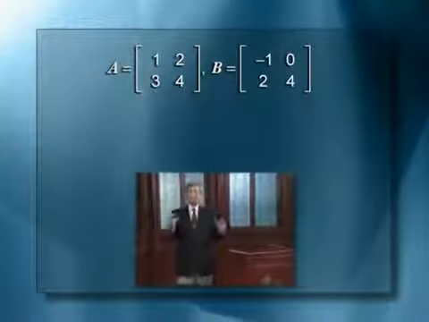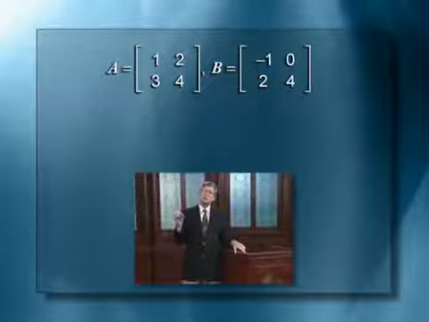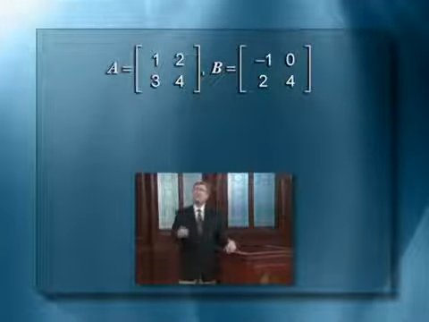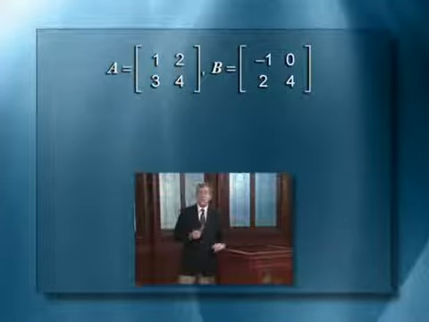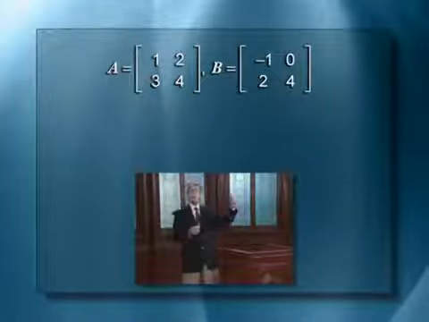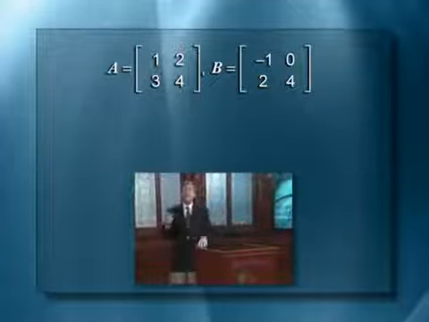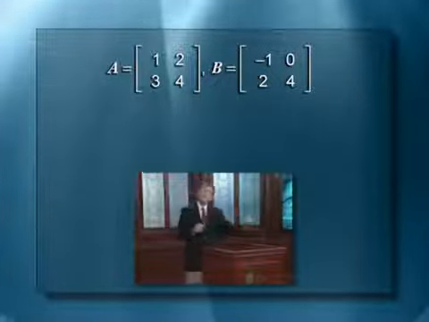I'm going to add two matrices. They have to be of the same size, the same order. So I'm going to pick two matrices, each having 2 rows and 2 columns. We often call that a 2 by 2 matrix. The first one I'll call A, and it's the matrix 1, 2, 3, 4, meaning 1, 2 is the first row, 3, 4 the second row. And B is the matrix -1, 0, 2, 4.